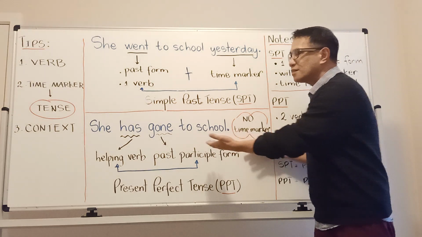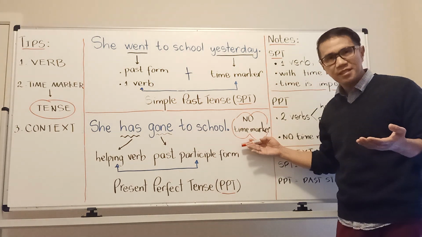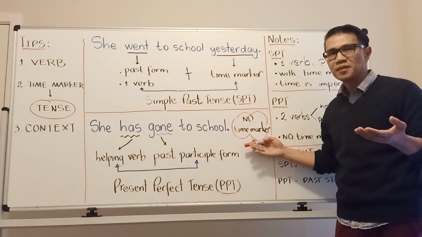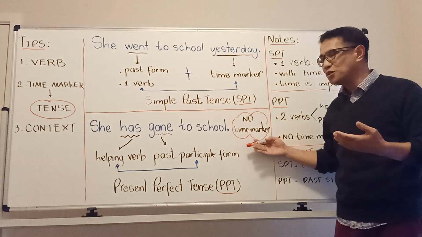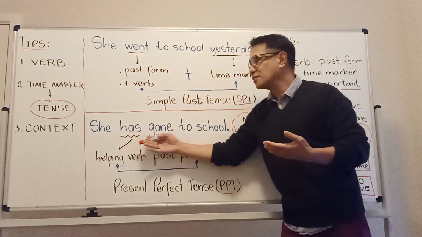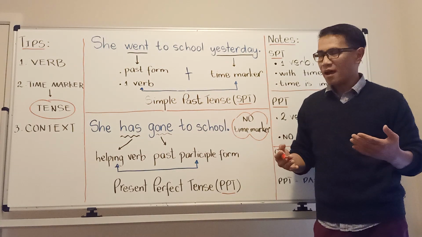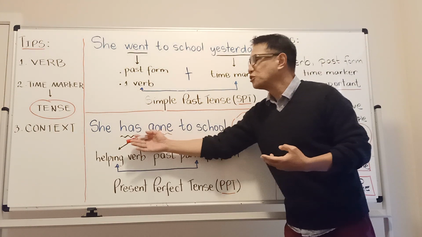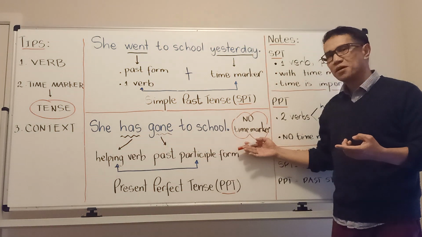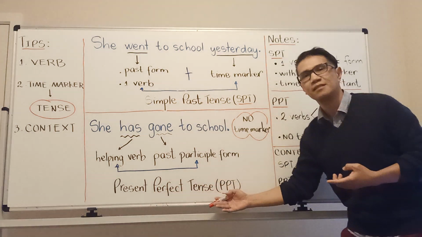Notice that in this example, there's no time marker. No yesterday, no last night, no last week. But even though there's no time marker, she has gone to school is already finished in the past. 2 verbs plus no time marker equals present perfect tense.